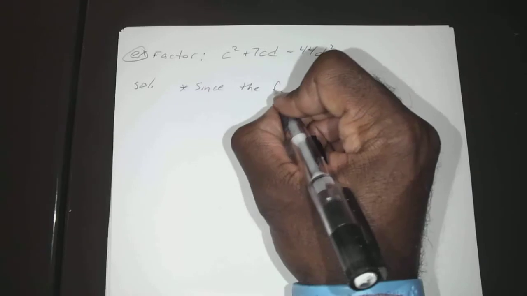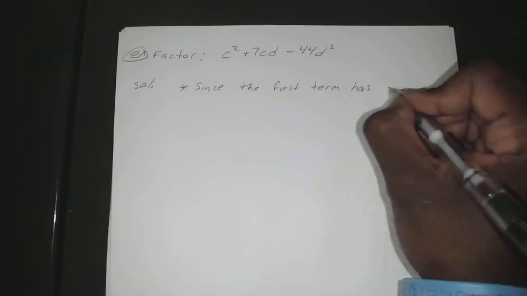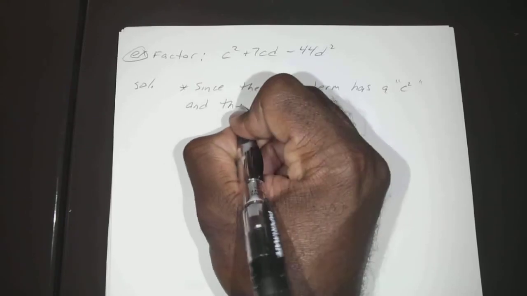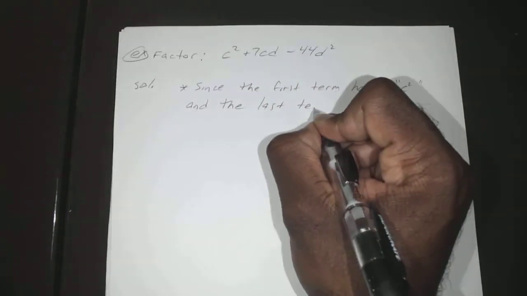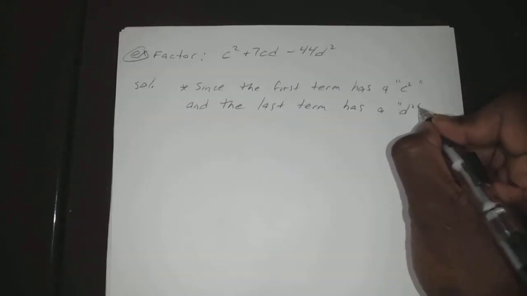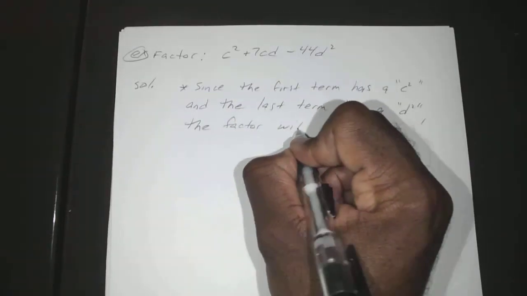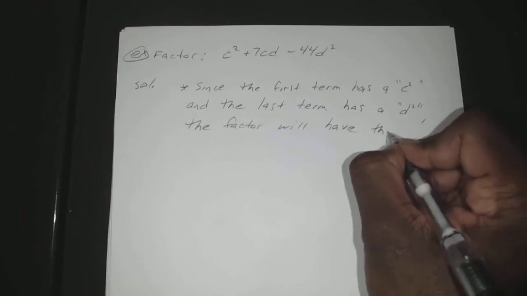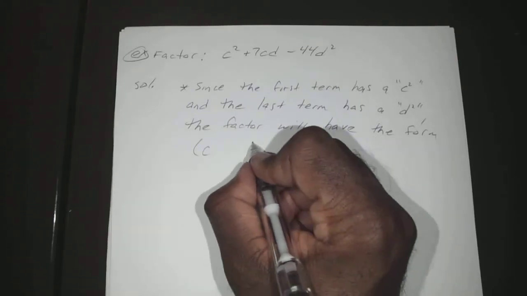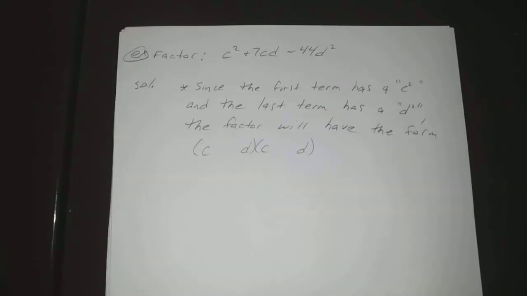Since the first term has a c squared, and the last term has a d squared, the factor will have the form c plus or minus something times d, and c plus or minus something times d.